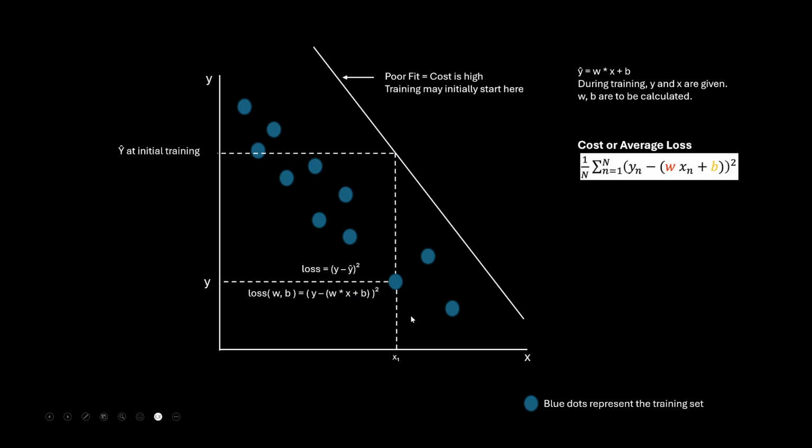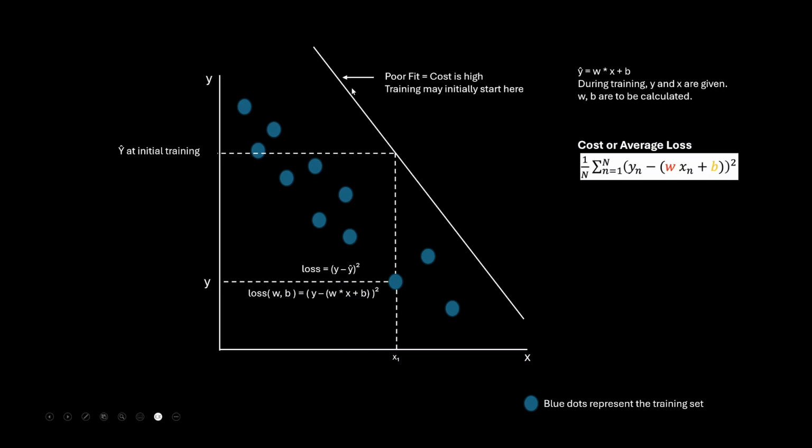And then what do we do? Let's take just this data point. This discussion will apply to all the other data points. This data point has the coordinate x1 and the actual value y as output.